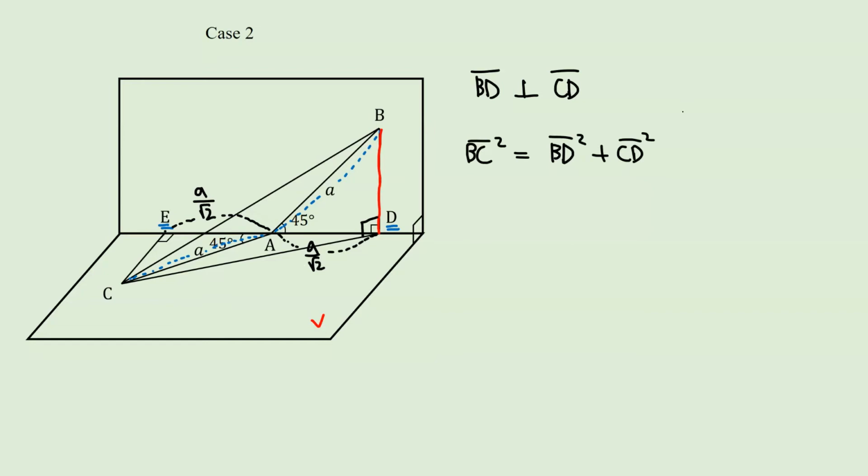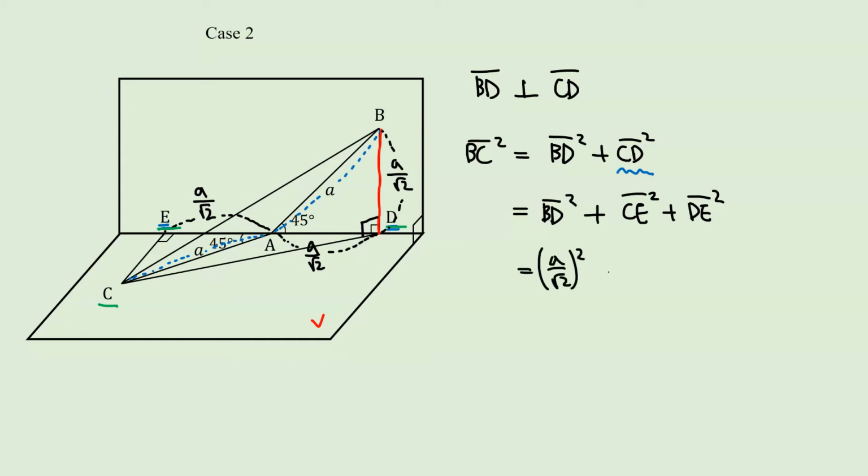Therefore, by the Pythagorean theorem, we have BC squared equals BD squared plus CD squared. And for this CD squared, we can apply the Pythagorean theorem again for triangle CDE. So we have CE squared plus DE squared. And since this length BD is a over square root of 2, we have (a over square root of 2) squared.